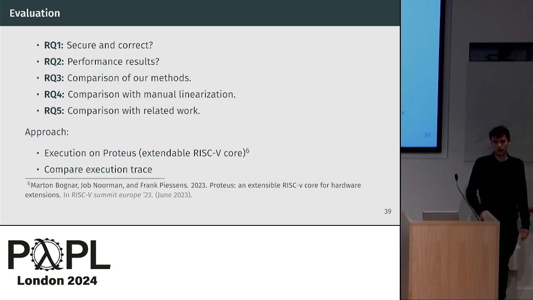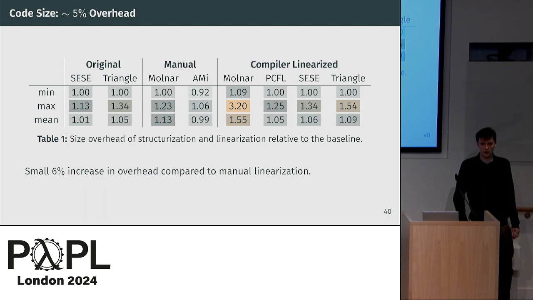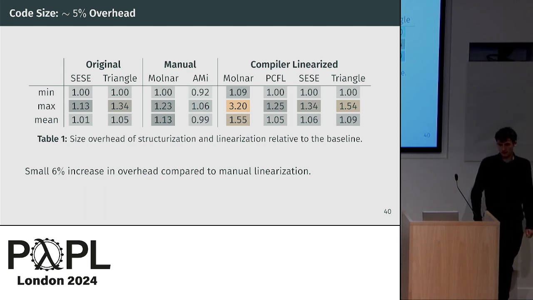We've only been able to evaluate our implementation on a small set of micro benchmarks, for which we have checked that the linearized code is indeed secure and correct. We find a code size overhead of around 6% when compared to the original insecure program.